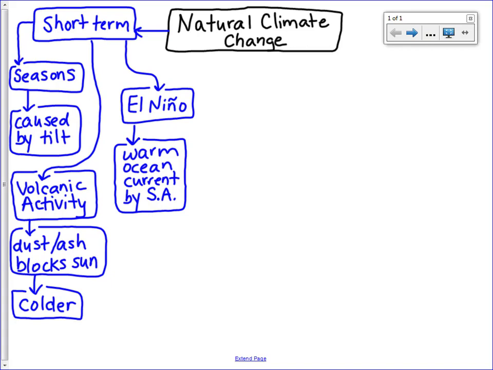The last thing on our short-term climate change list, we're going to see if we can tuck this one in right down here. This one has also been in the news somewhat recently. This is solar activity.